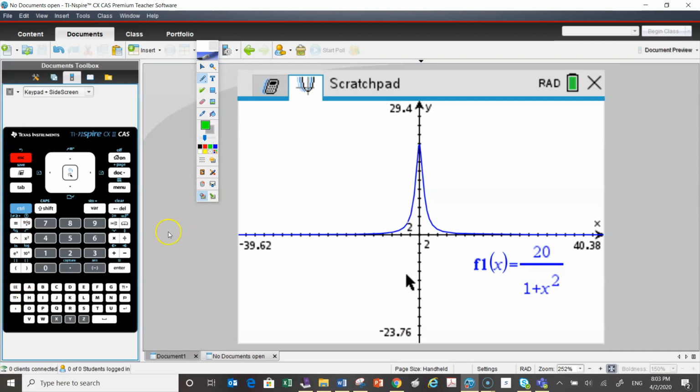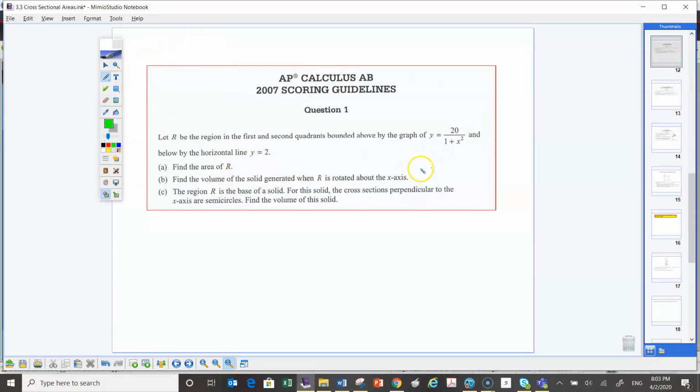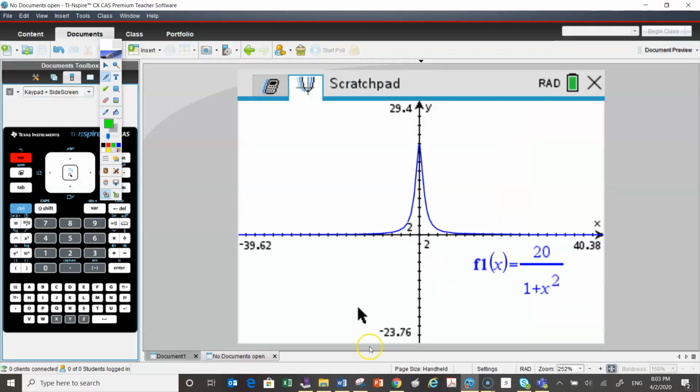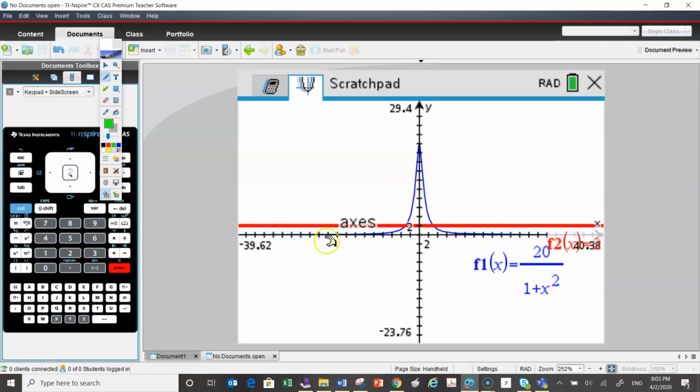So the question is telling me I have this graph, and the first thing I want to do is find the area between this graph and the line y equals 2. So I should also graph the line f of x equals 2. And I should find my two intersection points.